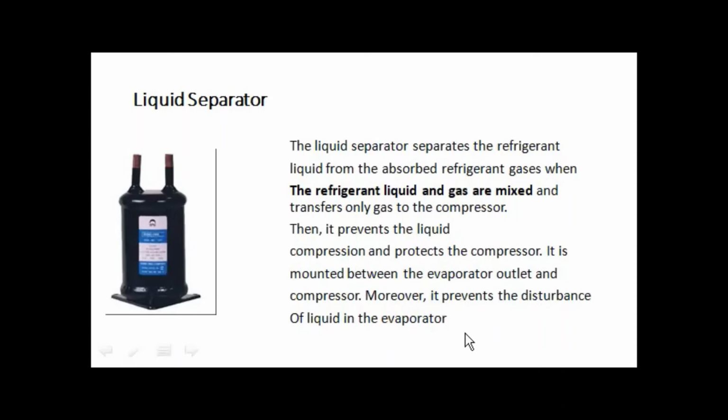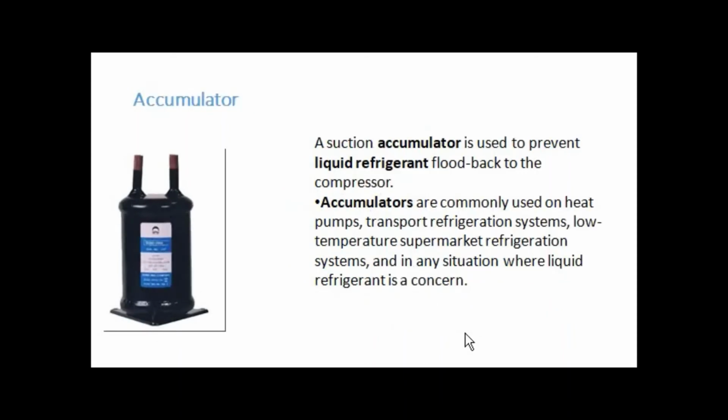Those are the functions of the liquid separator. After the liquid separator, here we also have the accumulator. By construction, you see that it looks similar, physically, but there are some dissimilarities.